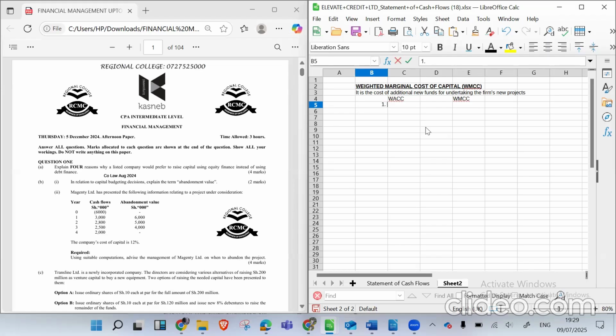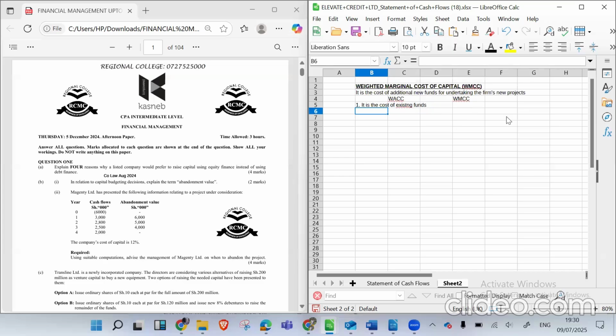So WSCC, number one, it is the cost of existing funds invested in existing projects, i.e. historical cost.